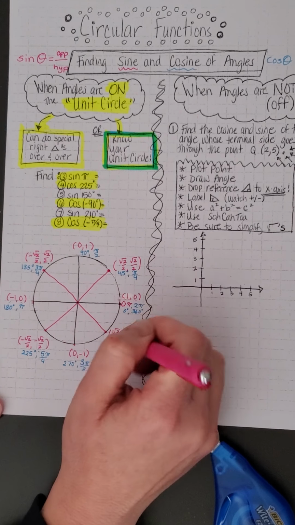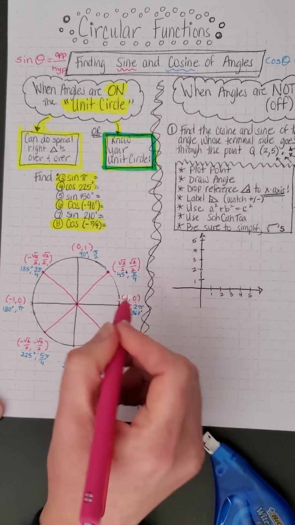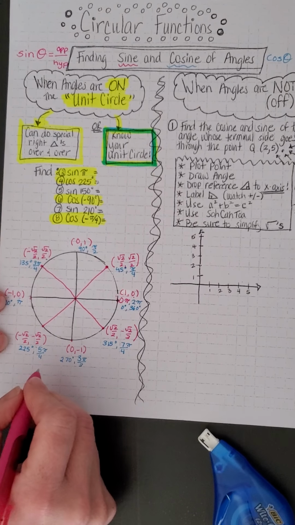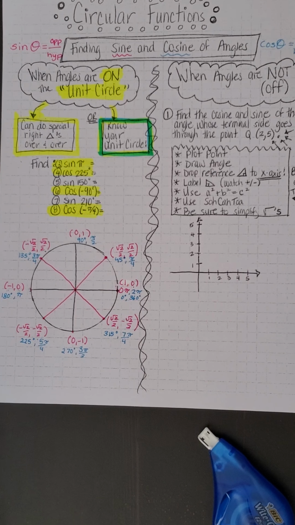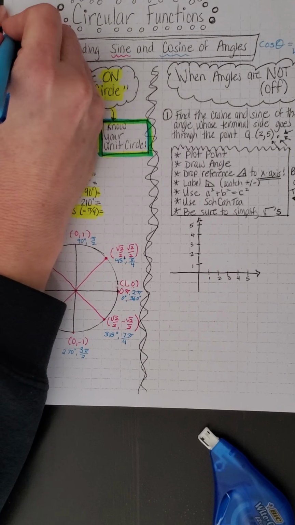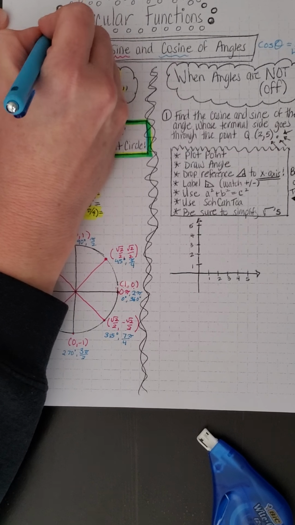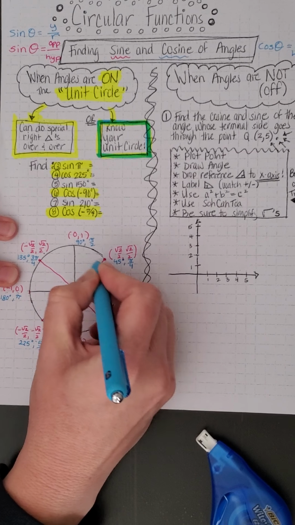If I know this unit circle, I can just look at it and use it to answer this. So, sine of pi. Remember, I'm going to write these down up here. Sine theta, we're going to now rewrite this as sine theta equals y over r, again opposite over hypotenuse.